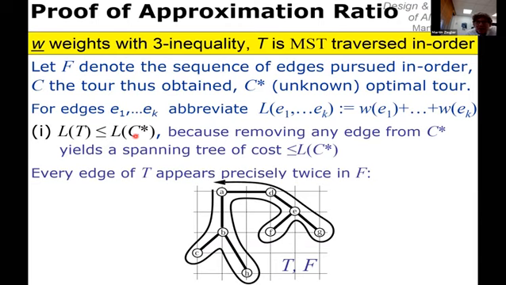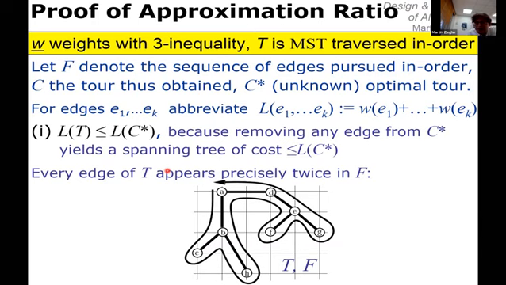Now, for the second inequality, which involves this intermediate quantity F, the sequence of edges as they are traversed during the graph traversal, not the sequence of edges that Christofides algorithm finally outputs, in this graph traversal every edge is actually pursued twice, once going forth and once going back. It's just because we're talking about an undirected graph, this is always possible, right?